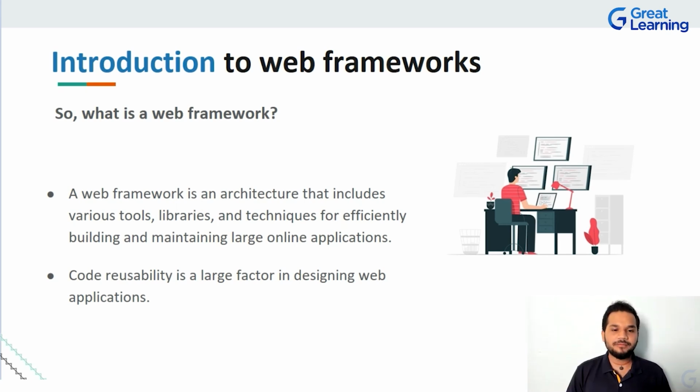Well, a web framework is basically a collection of various tools, guys. We consider it to be an architecture because at the end of the day, it provides you a ton of tools. It's not just one tool that you go about using. It's not just one technique that you're using here. It's a variety of techniques, a variety of libraries, and there are so many things that you're given, right? Think of it like a bag of goodies, a bag of gifts for a developer that you can actually use to develop your application, right?